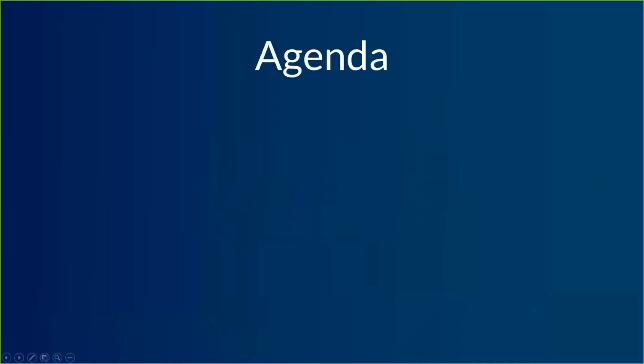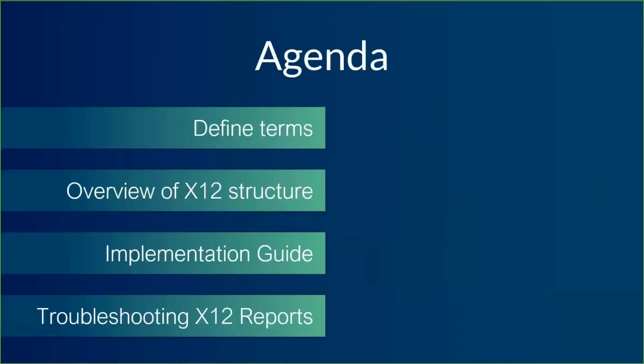Let's start by giving you an idea of what you can expect from the session. First up, we're just going to take a moment and define a couple of terms. I'm a big fan of knowing that when I say a phrase or a word, you guys are thinking of the same thing I am. Next, we'll go over the X12 structure and how it's put together and why it's put together the way it is.